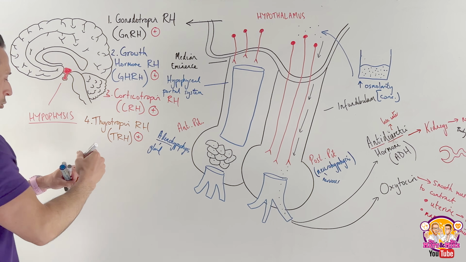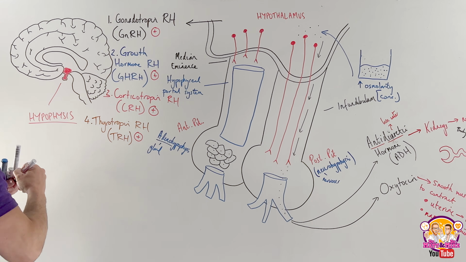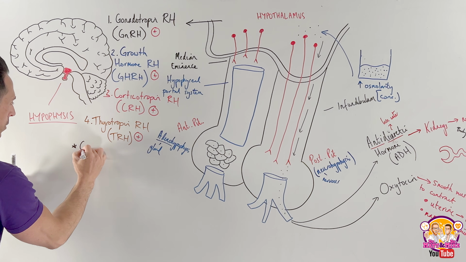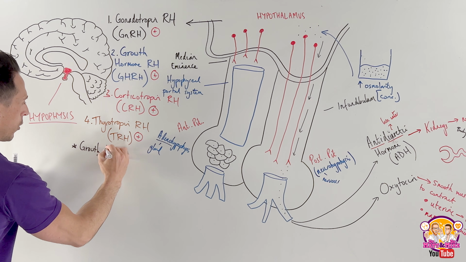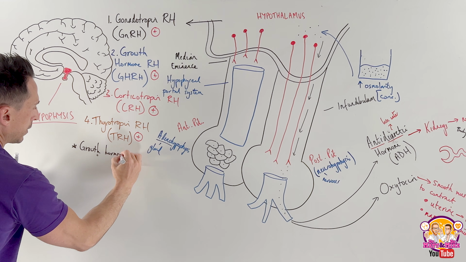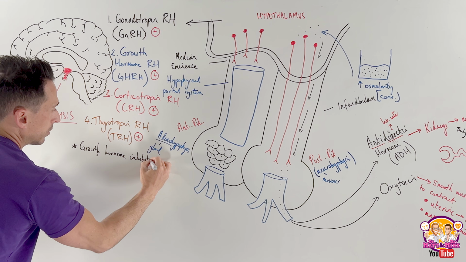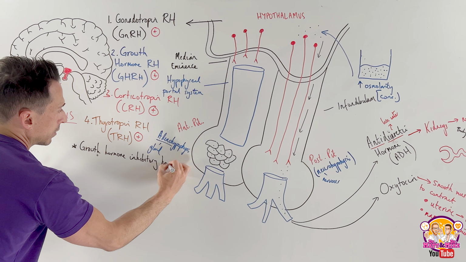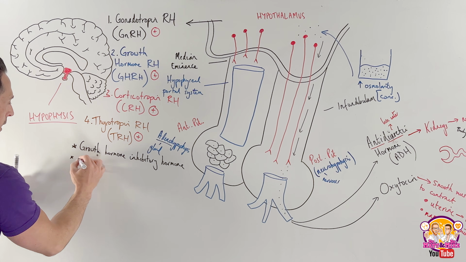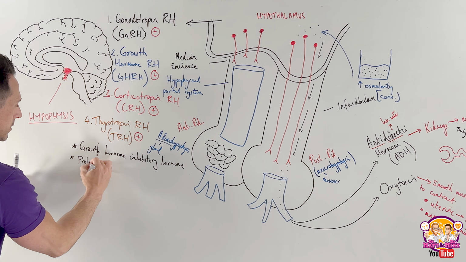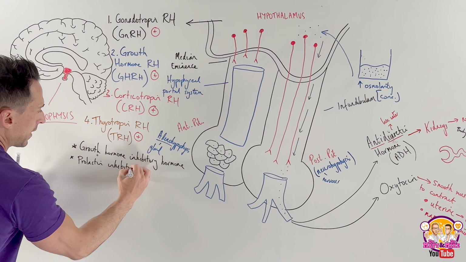But there are inhibitory ones. For example, the two inhibitory ones that you should know are going to be growth hormone inhibitory factor, or inhibitory hormone, and then the other one is prolactin inhibitory factor.